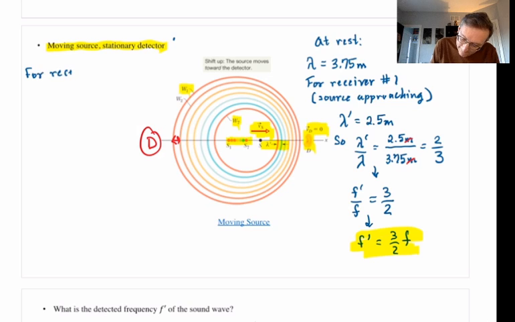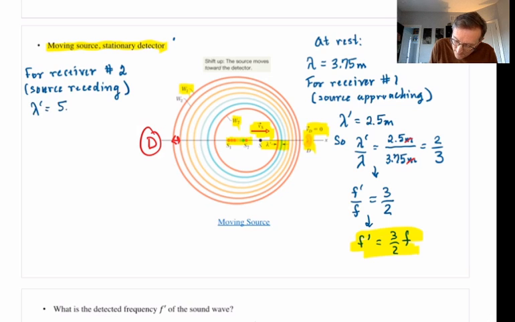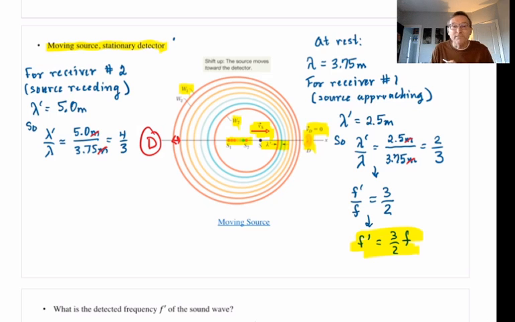For receiver number 2, and for that receiver, we could say the source is receding, going away. The detected wavelength, lambda prime, is 5 meters. So let's get the ratio of the detected wavelength to the emitted wavelength: 5 meters over 3.75 meters. And 5 over 3.75 is exactly 4/3.